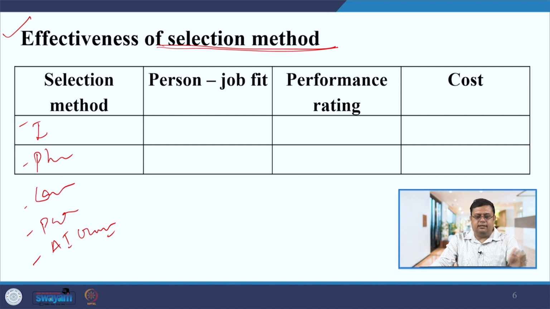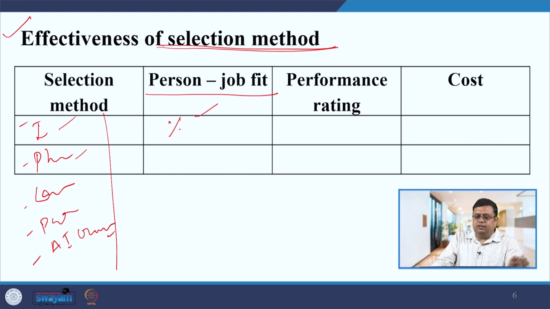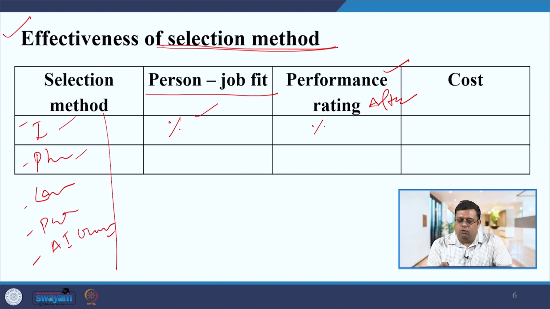You can select a selection method and then check the percentage of person job fit according to this test, if these tests are testing the person job fit, right. Whatever the mode of selection, you check the percentage of person job fit, and the performance rating after 1 year, or the percentage of goal achievement after 1 year.